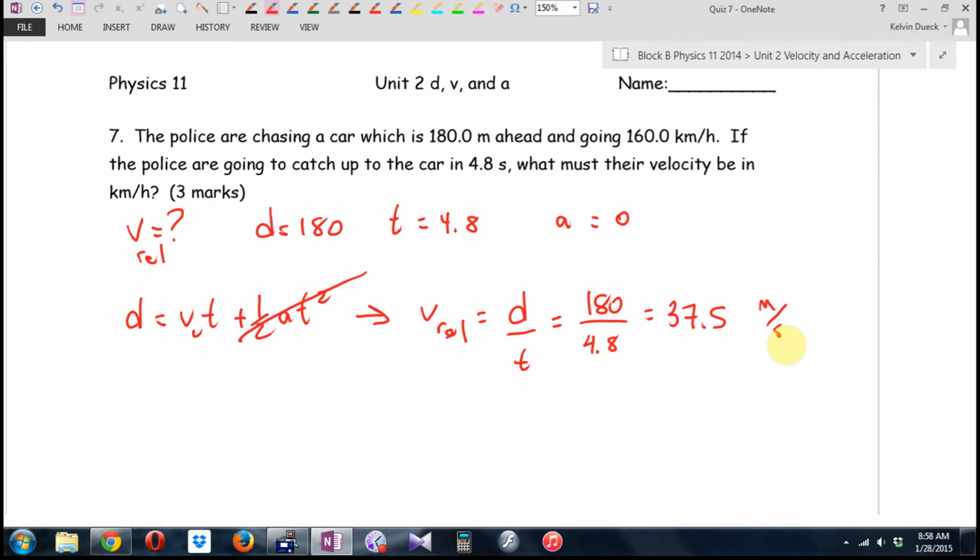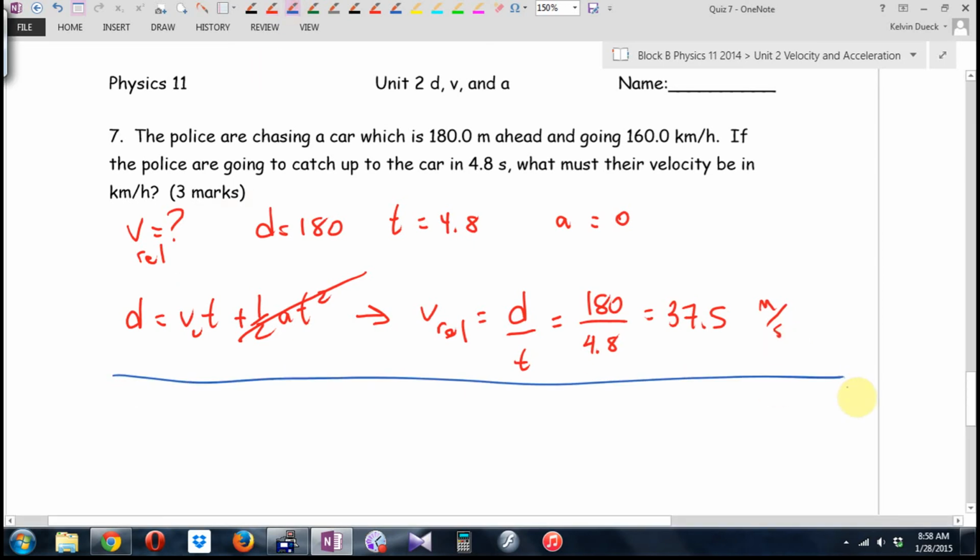Okay, so the first thing I'm going to do is convert this to kilometers per hour. There's step one. How do I convert meters per second to kilometers per hour? I'll give you a hint. It also has something to do with 3.6.